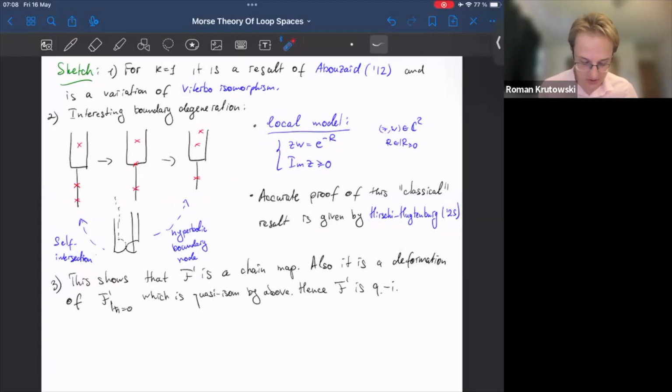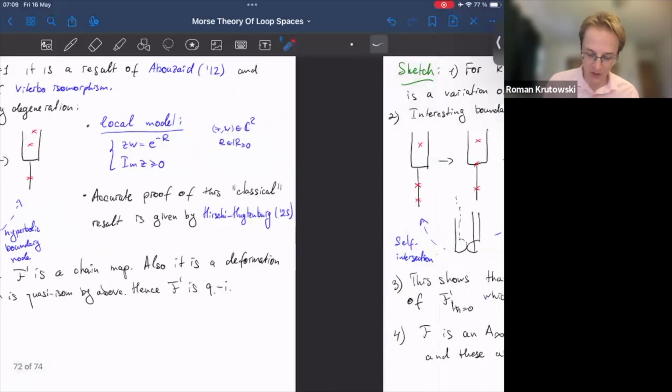Now, if we set h bar to be equal to 0, this recovers a quasi-isomorphism just using this result, because all the branches and switches go away. So it's just the tensor product of the previously known map. And because F1 is a deformation of this map, simple algebra allows one to show that this is a quasi-isomorphism.